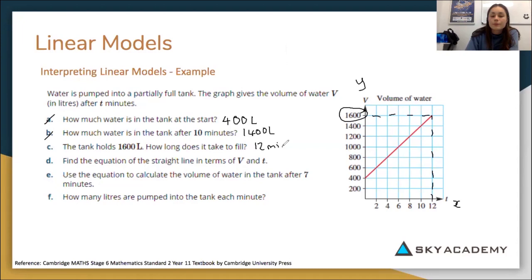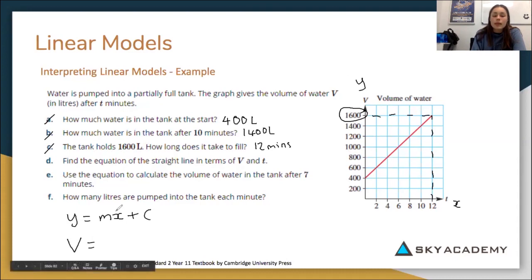Now question D says, find the equation of the straight line in terms of V and T. So our volume is going to be our y. So if we write down the gradient intercept form, which is y equals mx plus c, our y is going to be our volume. Our m is going to be our gradient, which we don't know.